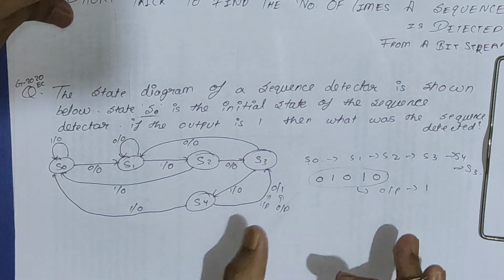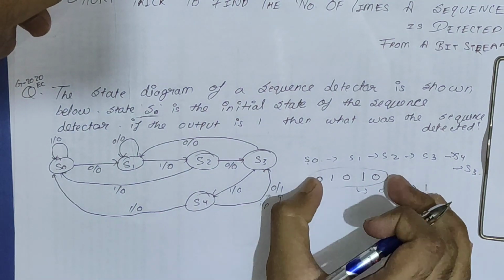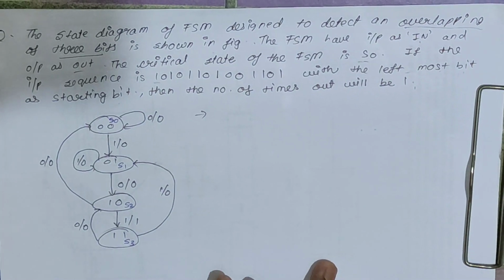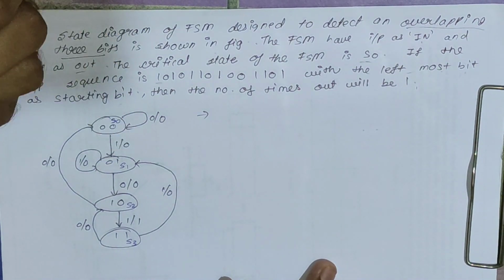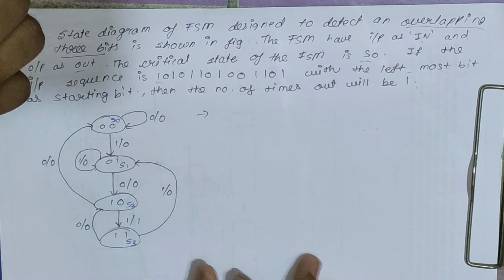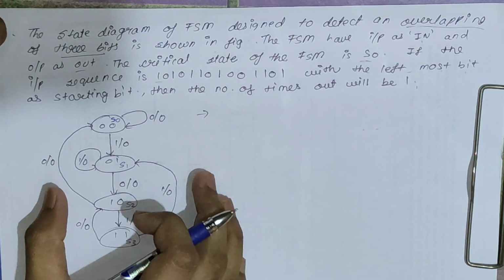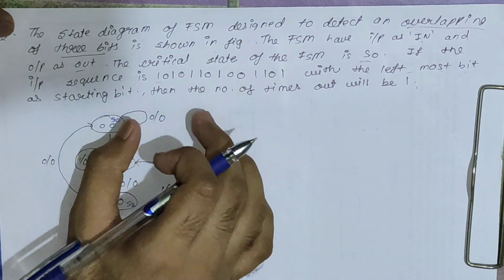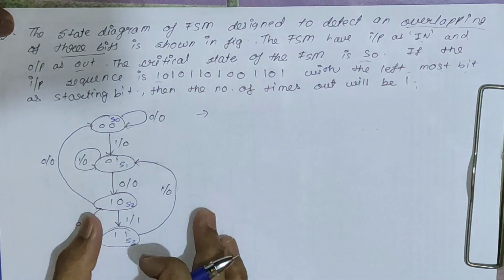So you have successfully detected the sequence for which this state diagram gives output as 1. Okay, till now we have learned how to extract this sequence from a given state diagram, and now we will study how to count the number of times the sequence has been detected from a given bit stream.